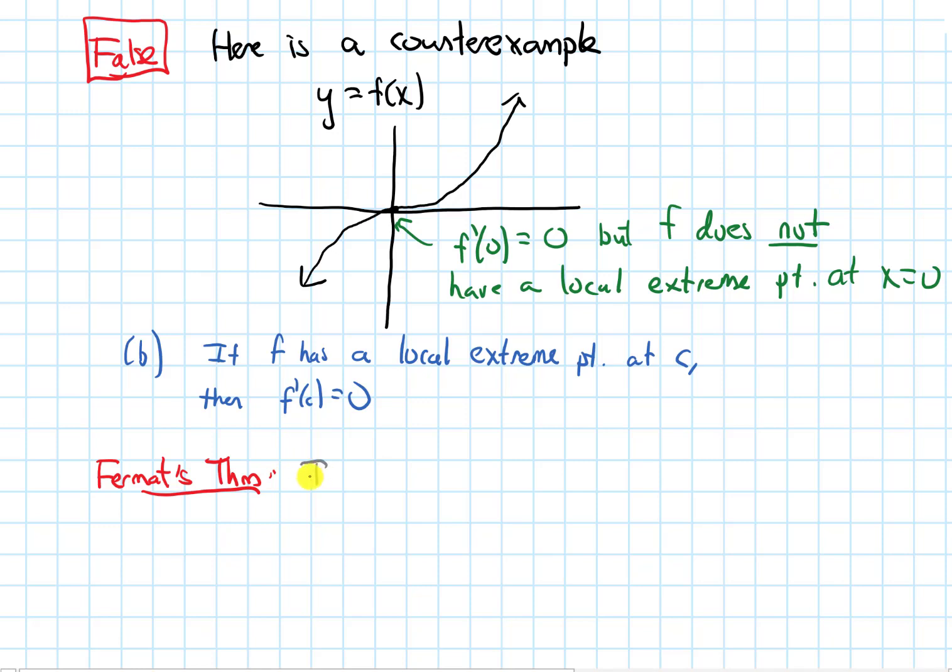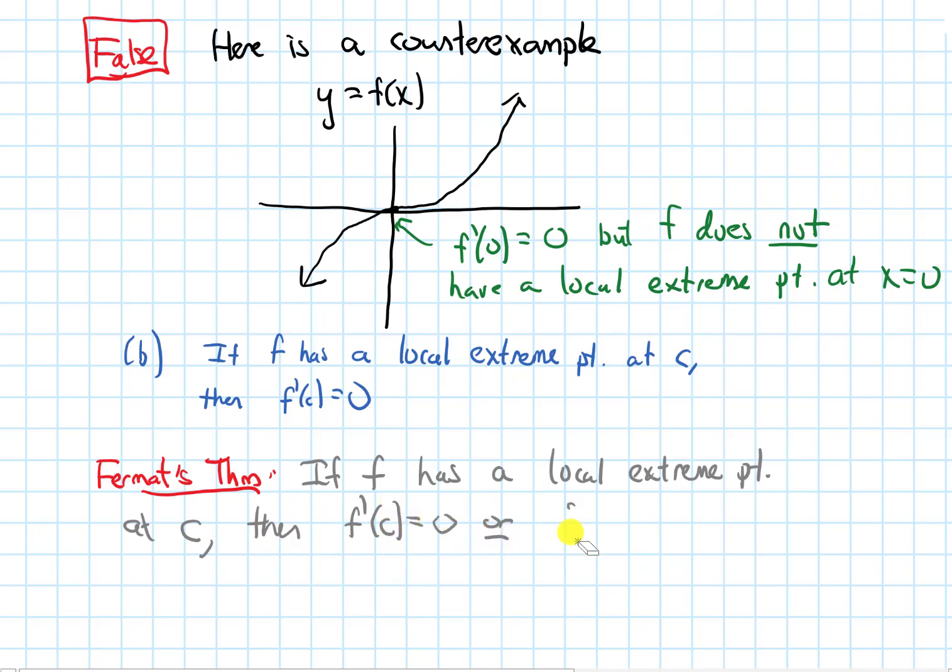It says that if our function f has a local extreme point at c, so that means a local max or a local min at c, then it tells us something about the derivative. The derivative is 0 or is undefined.